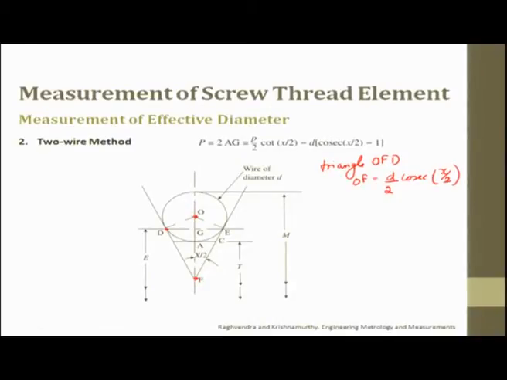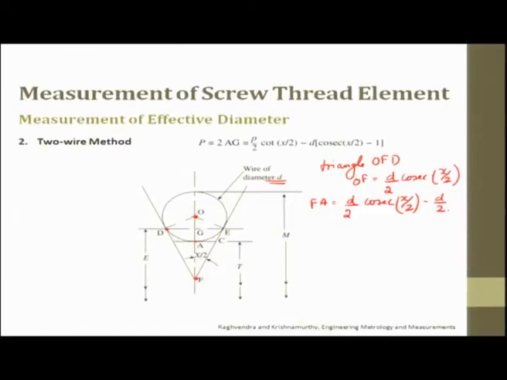Triangle ODF, this can be represented as D by 2, where D is the wire diameter, x by 2. If we want to find out FA, FA is nothing but D by 2 cosecant x by 2 minus D by 2. So, what is FA?